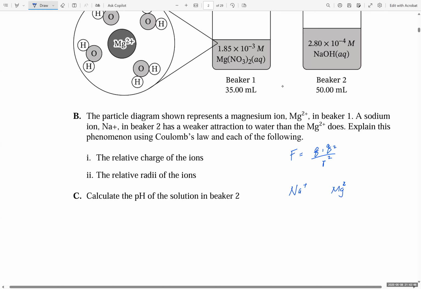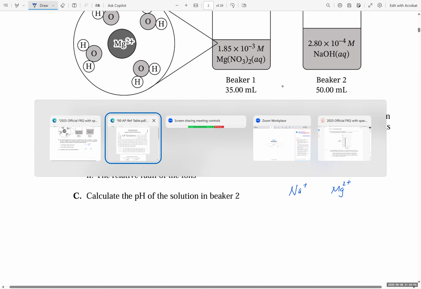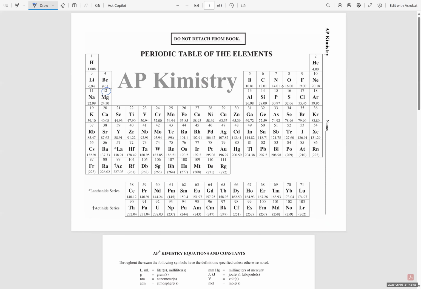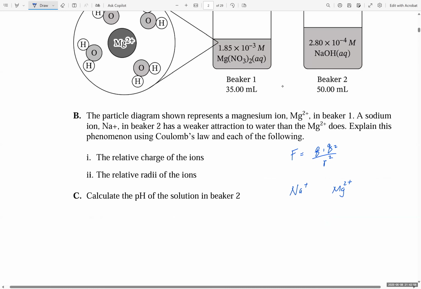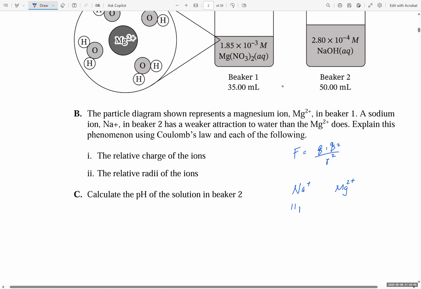So I'm thinking on paper right now, and if we look at the two, what do we notice? Sodium has an atomic number of 11, so sodium has 11 protons, and Na+ is going to have 10 electrons.